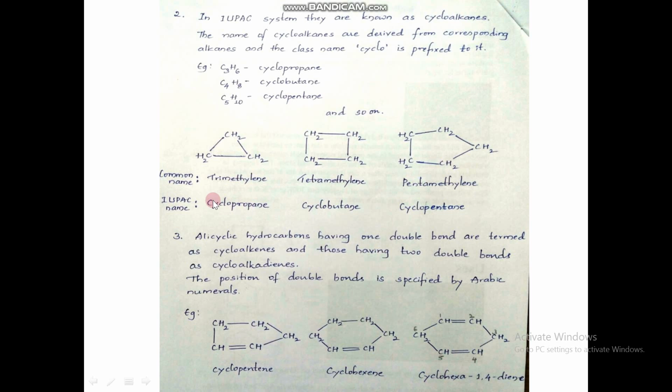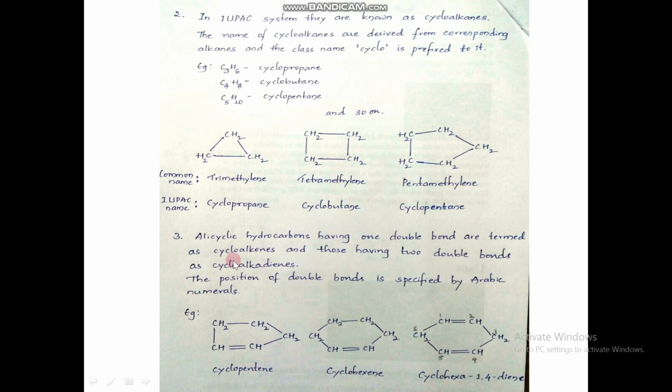Comparing common name and IUPAC name: C3H6 is trimethylene in common name and cyclopropane in IUPAC name. C4H8 is tetramethylene in common name, cyclobutane in IUPAC. C5H10 is pentamethylene and cyclopentane. So this is common name and IUPAC system.